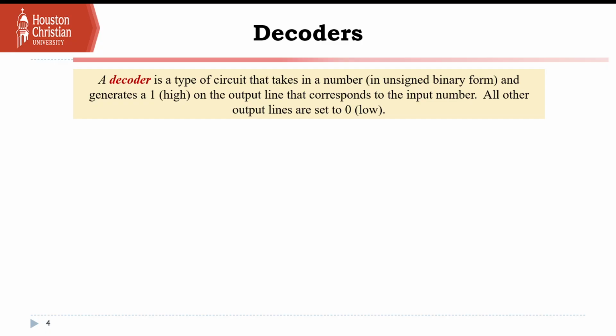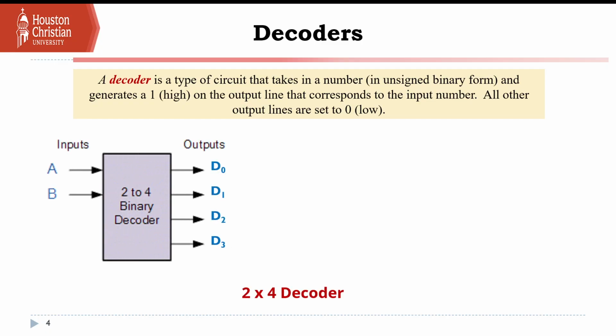Here's an example of a 2x4 decoder. In a 2x4, the first number shows how many inputs there are, and the second number is how many outputs. So you have inputs A and B, and outputs D0, D1, D2, and D3.